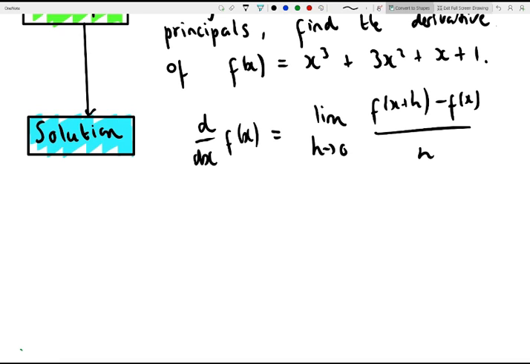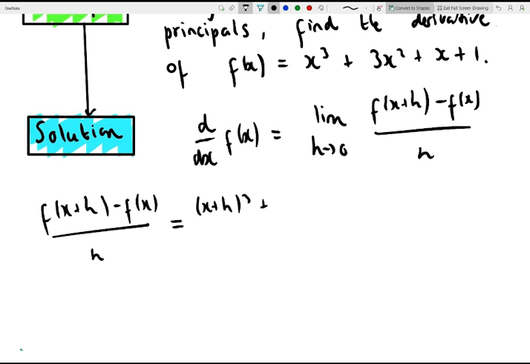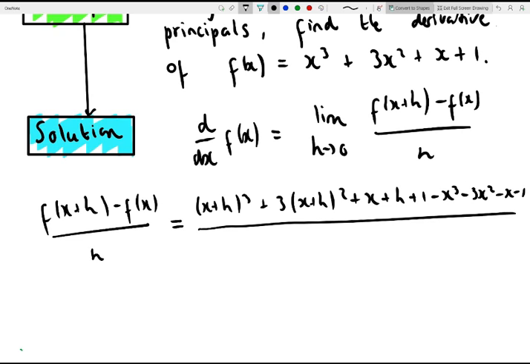Okay, so let's go ahead and calculate what f of x plus h minus f of x all over h is. It's going to be x plus h cubed plus 3 lots of x plus h squared plus x plus h plus 1 minus f of x now, which is x cubed minus 3x squared minus x minus 1, all over h.